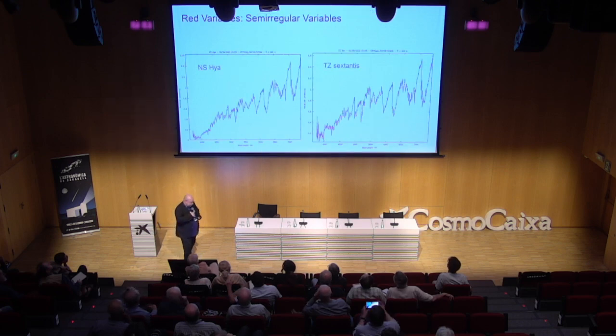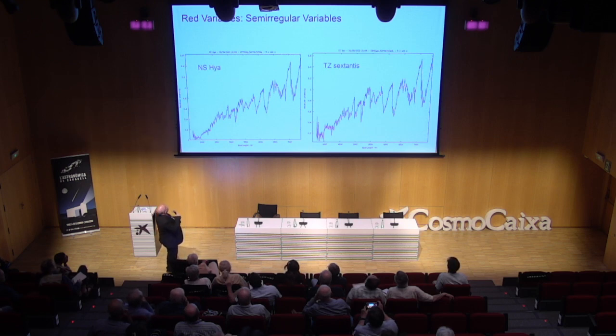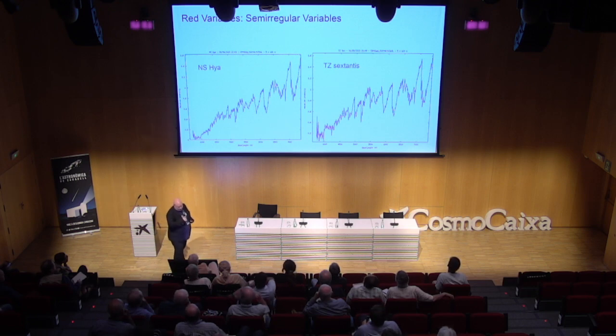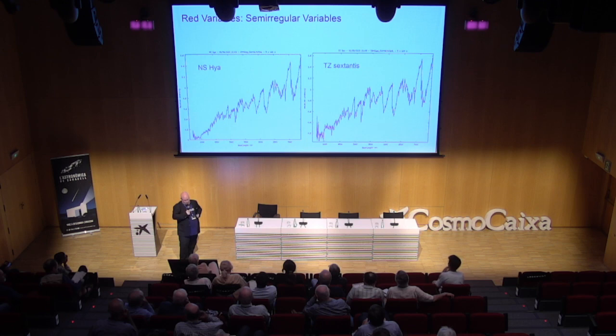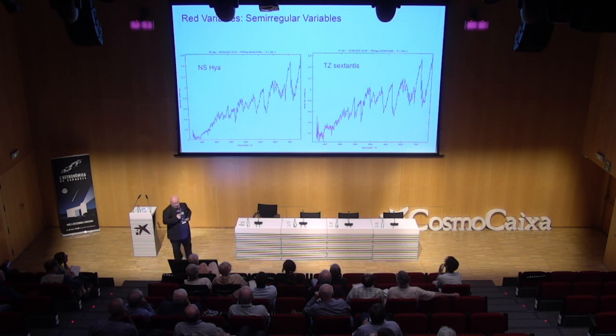Well, red variables are very, very conspicuous. And mostly every red giant star is probably a variable. Many of red giants are semi-regular variables.